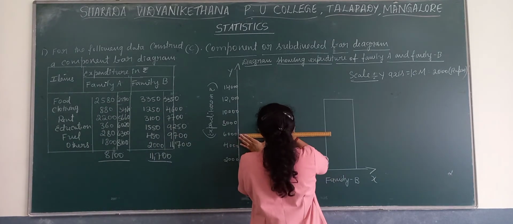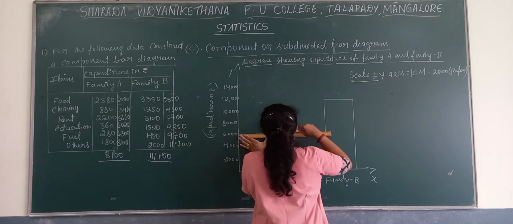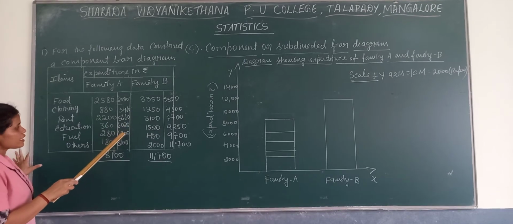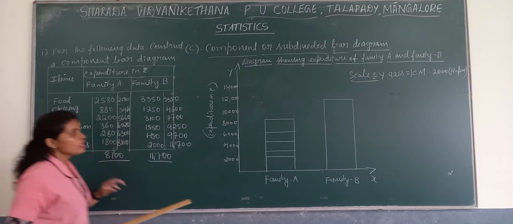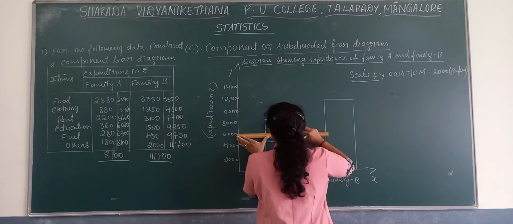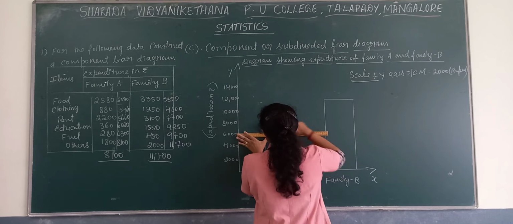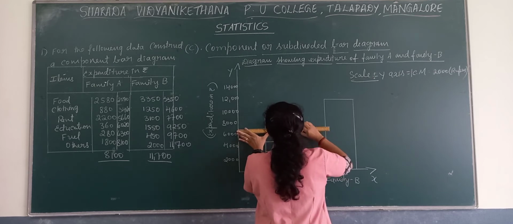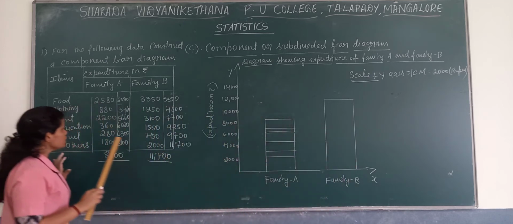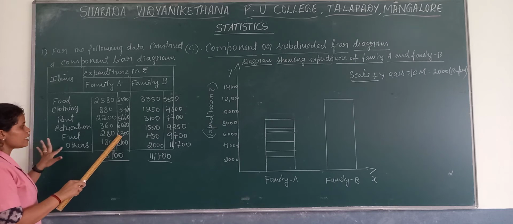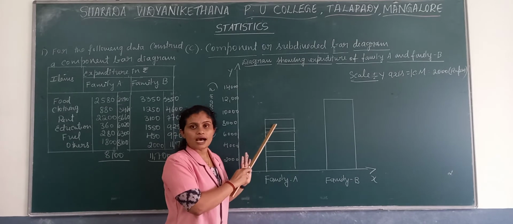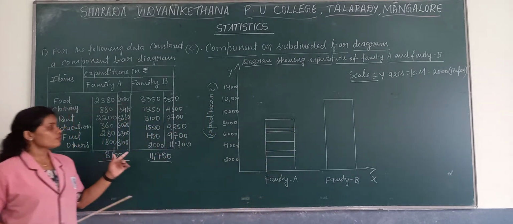Next term, fuel: 6300. Then 6300 plus 1800, 8800, others. Whatever will remain, that is others. This is for the first one, family A.